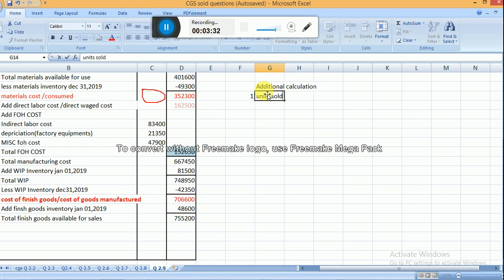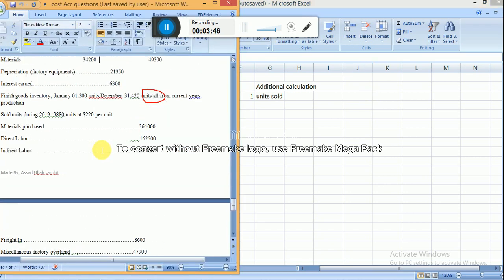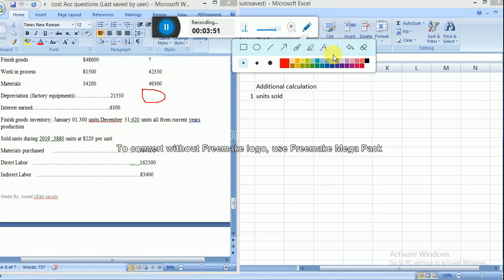In the question it is given, if you look at the question here, how many units are sold? 3,880 units sold during the year 2019. 3,880 units.